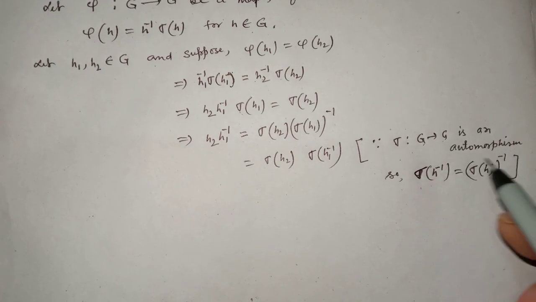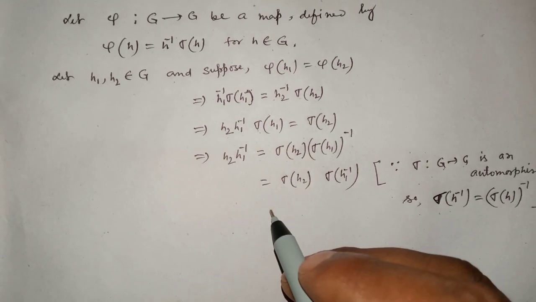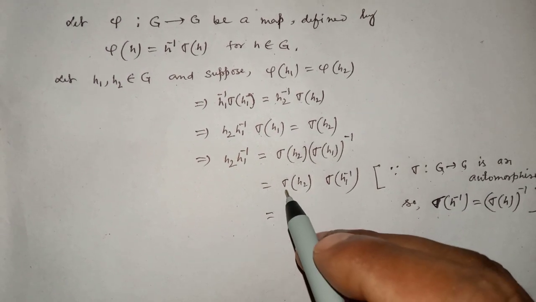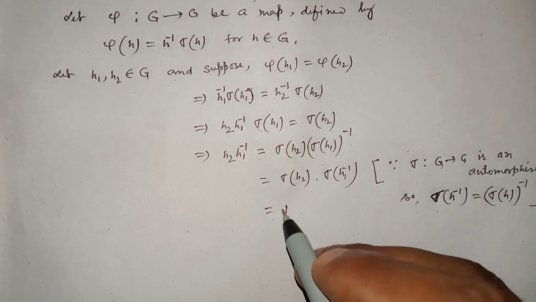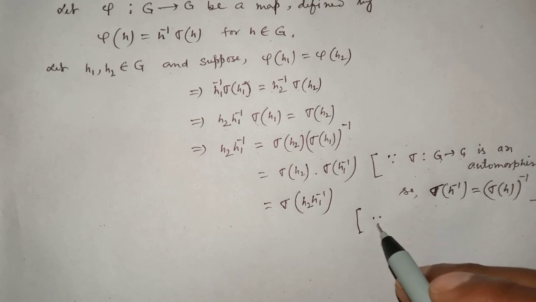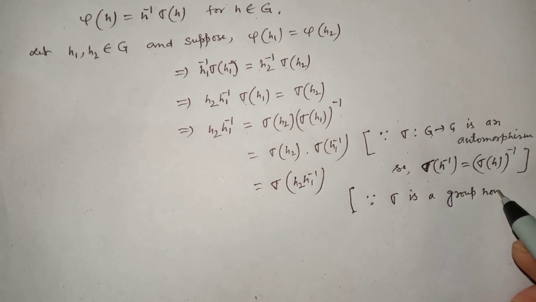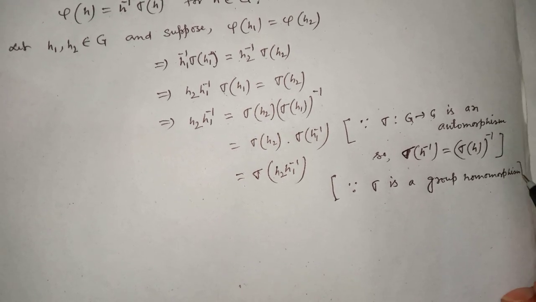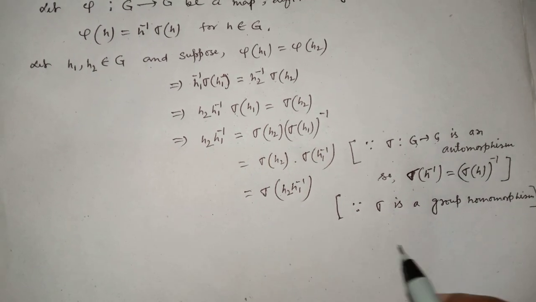We know this from the properties of group homomorphism. This is equal to, again, sigma is a group homomorphism, so sigma(h2) into sigma(h1) inverse means sigma(h2 h1 inverse), since sigma is a group homomorphism.